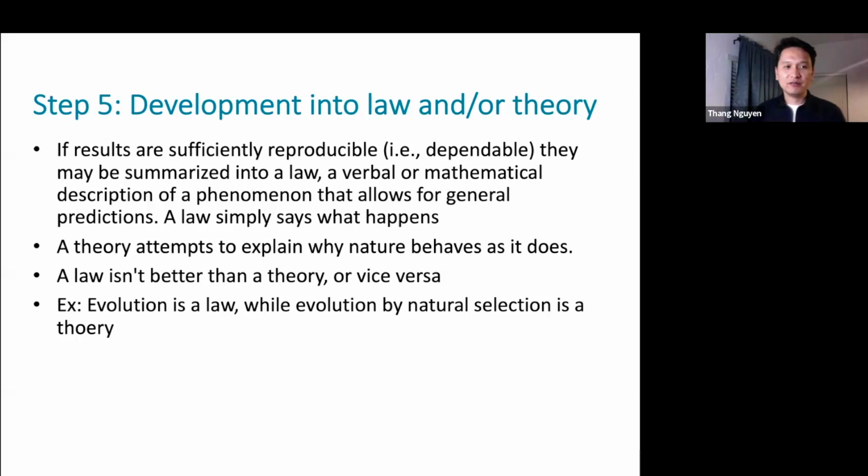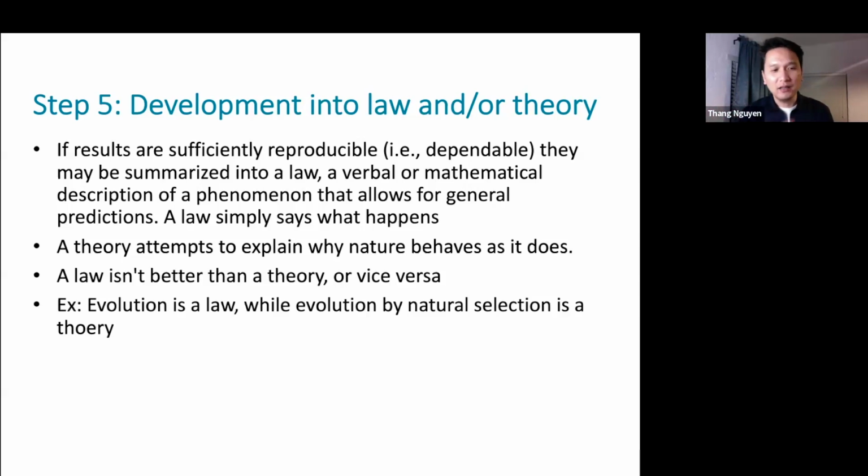Whenever you have results that are reproducible, you can then maybe summarize it into a law, which is a verbal or mathematical description that describes a phenomenon and allows for general predictions. Remember, the key point about science is that you can make predictions, right? A law simply says what happens. It doesn't say why. A theory is the one that attempts to explain why something happened, why nature behaves the way it does, right?